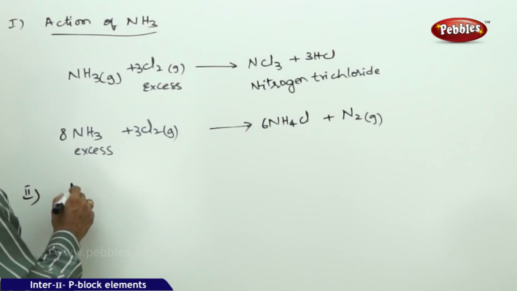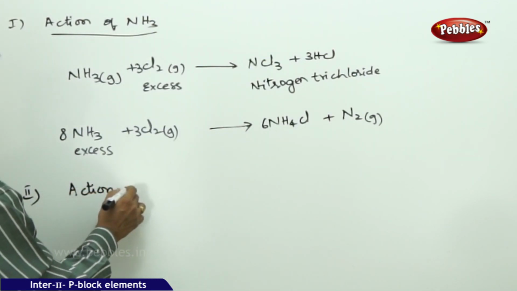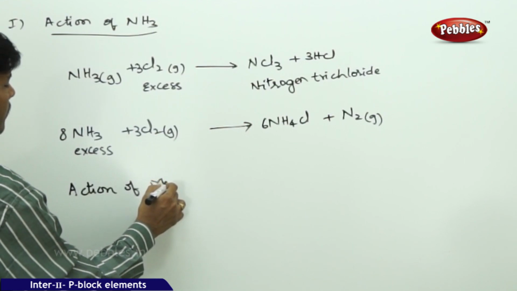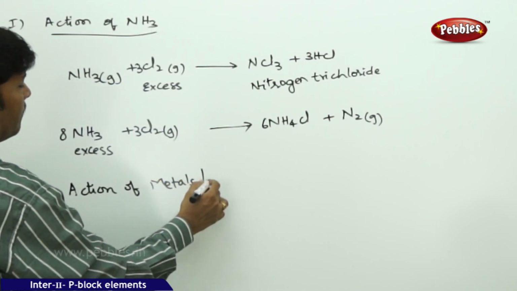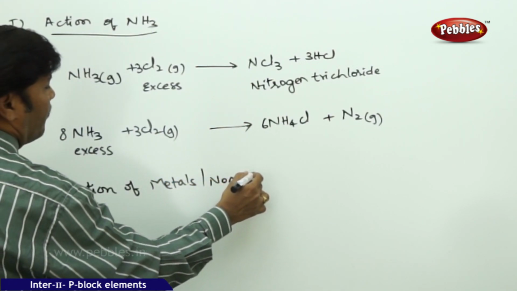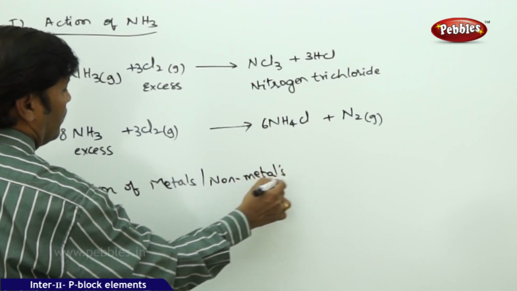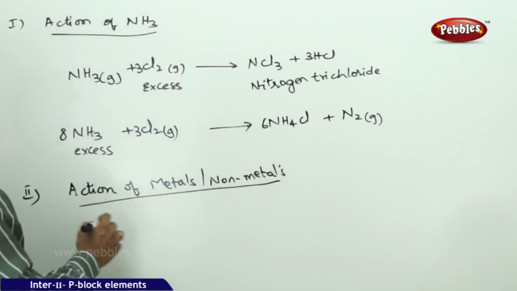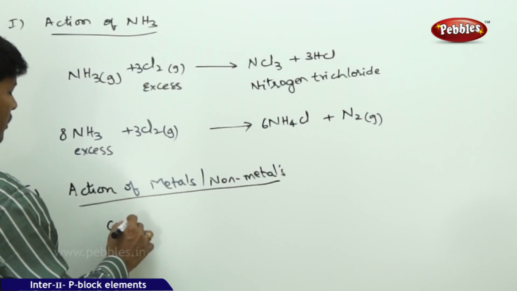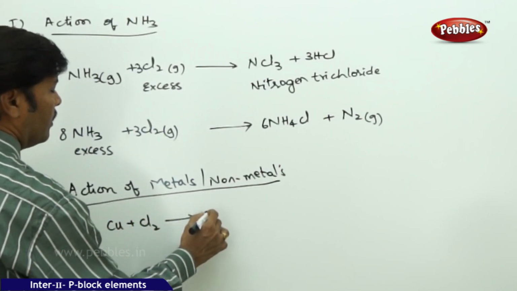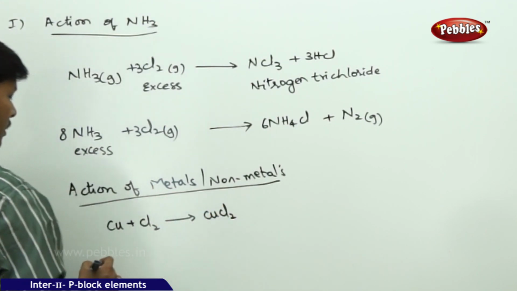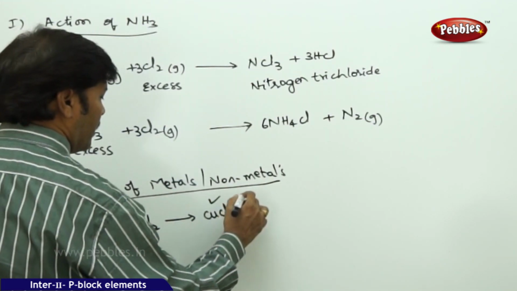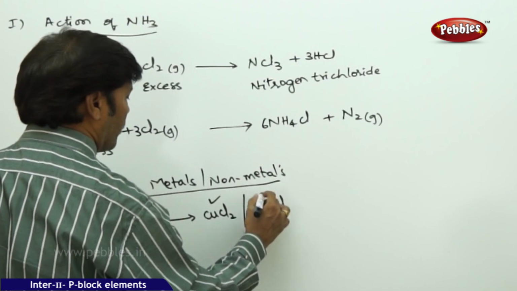Chlorine also shows action of metals and non-metals. Suppose it is reacting with copper: when copper reacts with chlorine, you get cupric chloride, but it cannot give cuprous chloride.